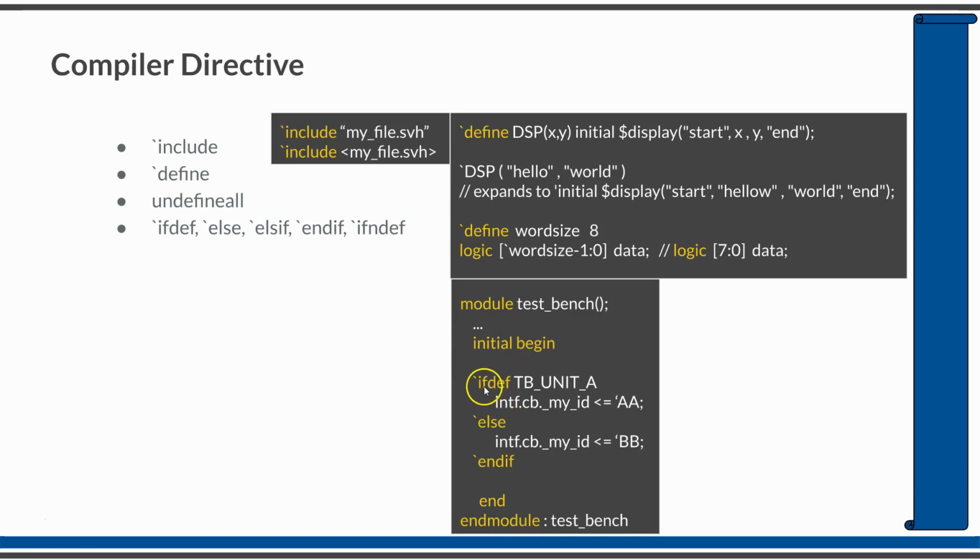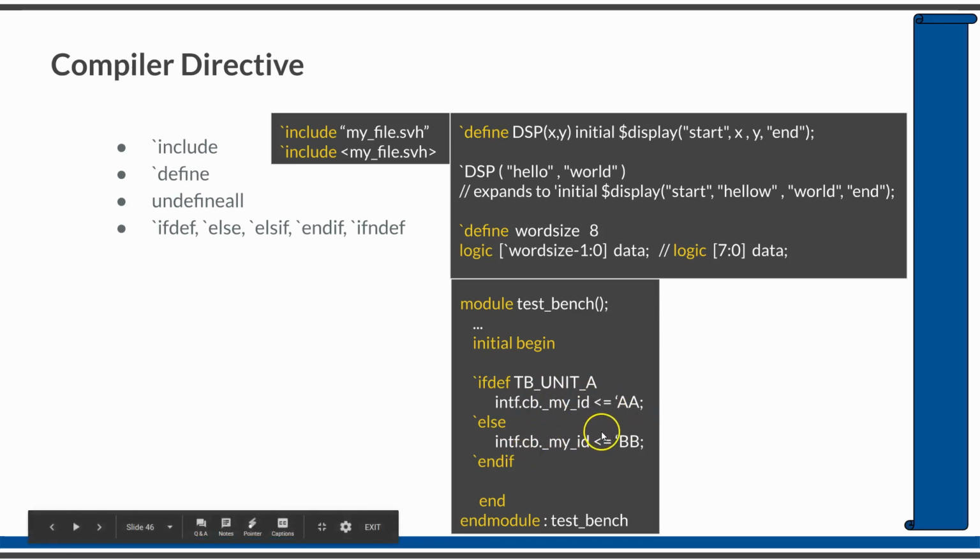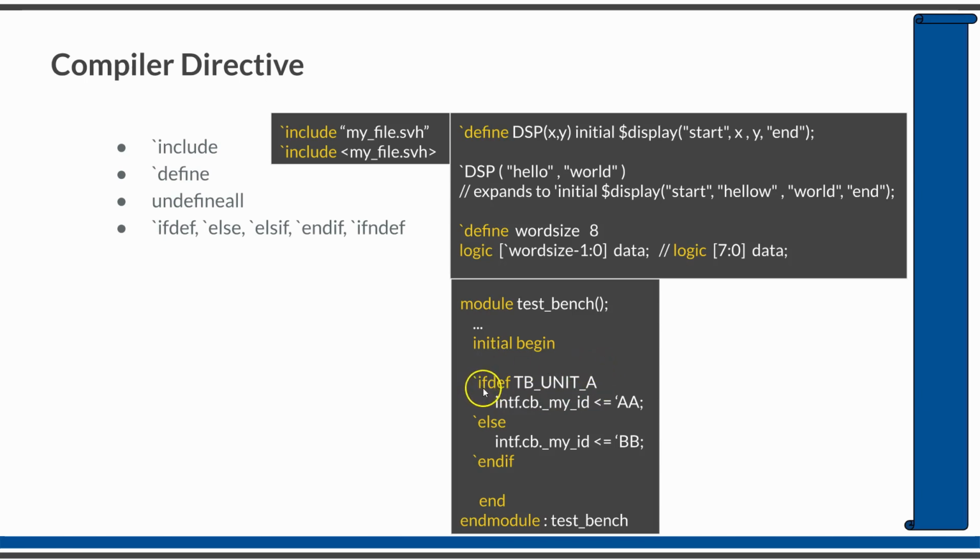So you can say `ifdef TB_UNIT_A, then this will be your ID value. Otherwise, this will be your ID value. It doesn't have any significance what is written over here. It is just equivalent to: if this macro is defined, then it will compile all these things, and if it is not defined, it will compile all those things.